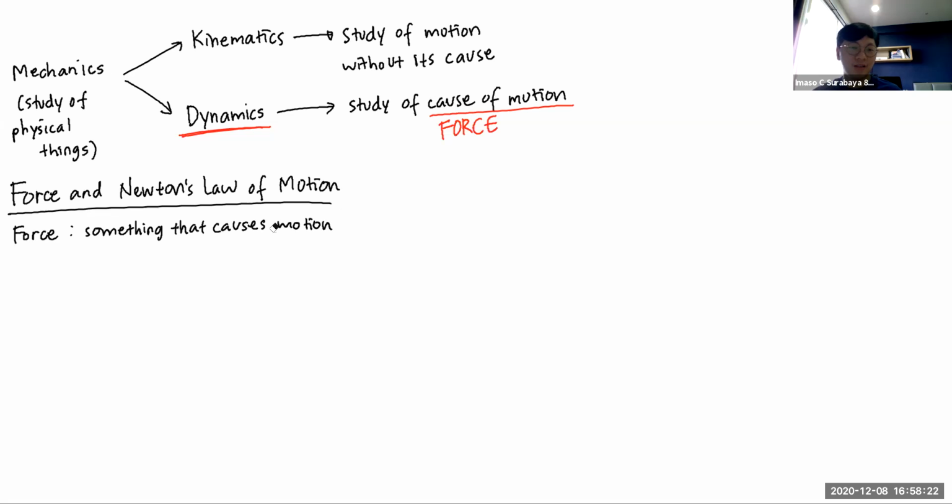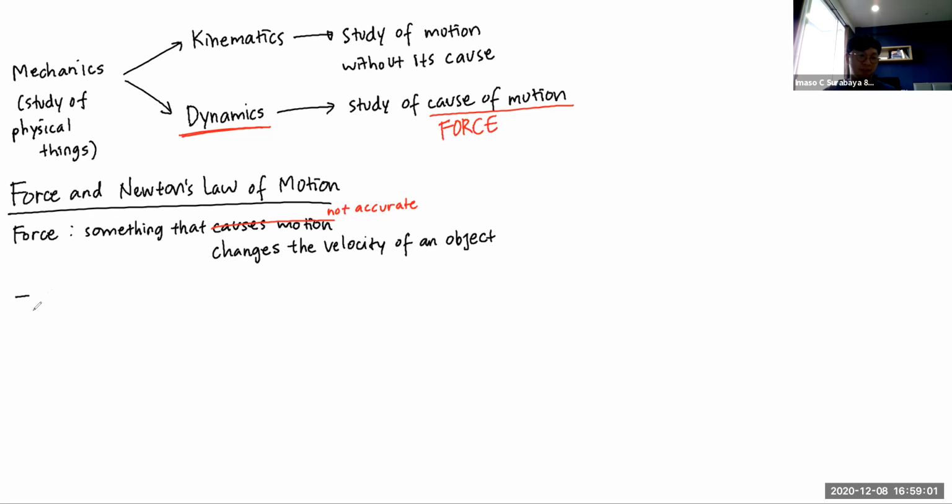What it actually means by causes motion is, it is correct to some degree, but not accurate. A more accurate definition would be something that changes the velocity of an object. So anything that changes the velocity of an object is called force.